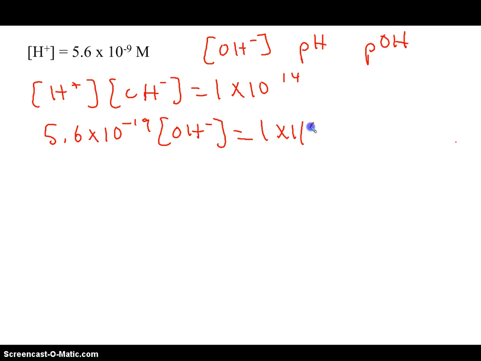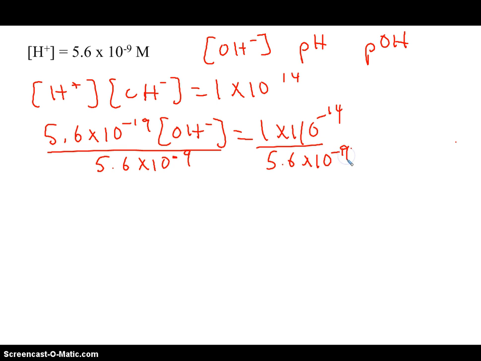I can divide both sides by 5.6 times 10 to the negative 9th, and those will cancel. So OH is equal to 1 times 10 to the negative 14 divided by 5.6 times 10 to the negative 9, and I get an answer of 1.8 times 10 to the negative 6th molar. So there's my OH.